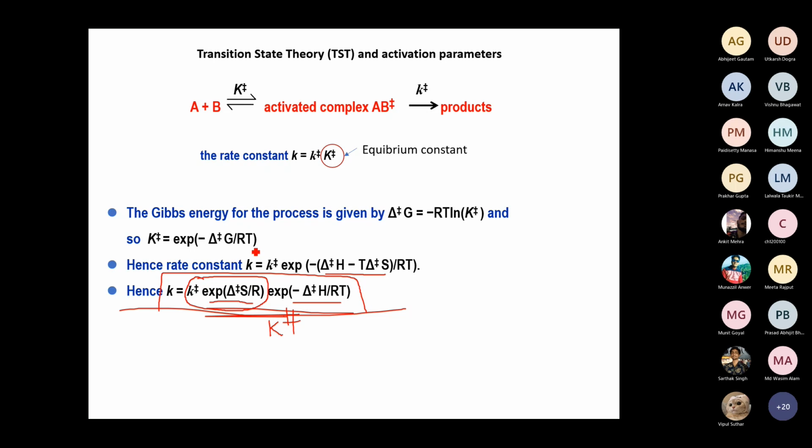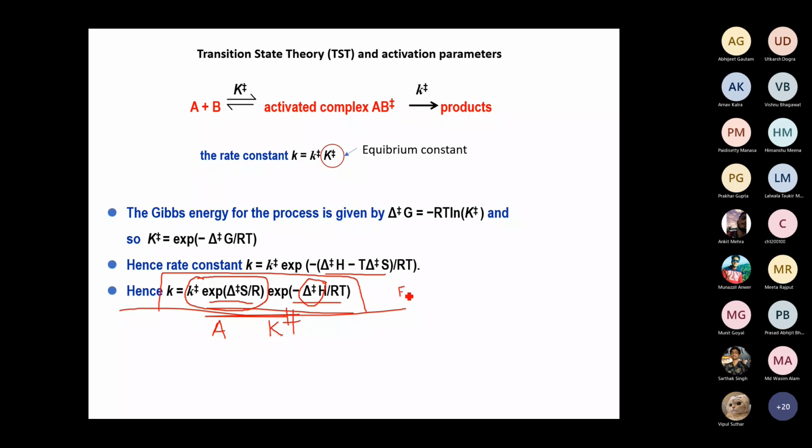Assuming del S is constant for a reaction, the change of entropy, S is the entropy, R is constant, rate constant. So you can consider this as A, and this enthalpy you can consider equivalent to activation energy EA.